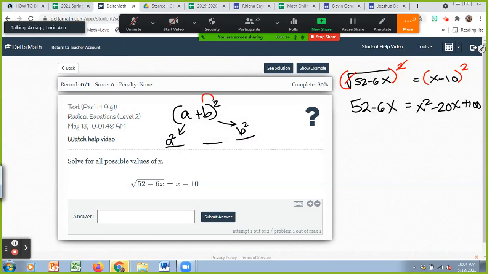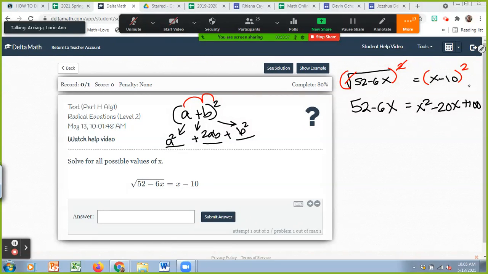You make your McDonald's. I call this the McDonald's. So it's 2 times this times the variable, twice AB. How do you know which signs you're going to use? The middle sign takes the sign of the problem, and this is always positive.